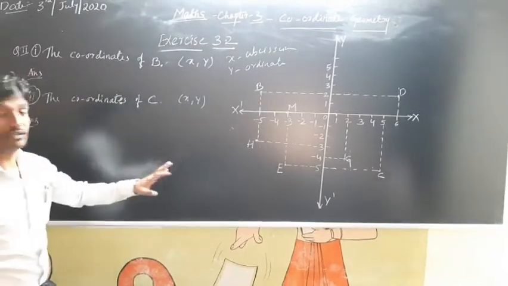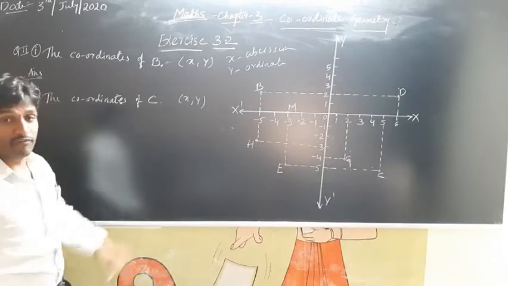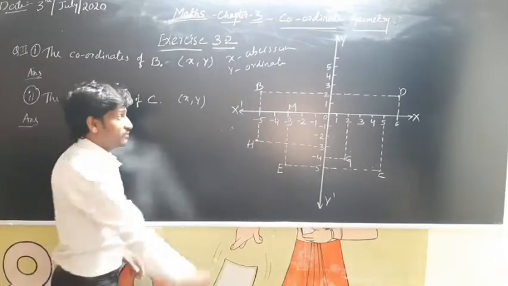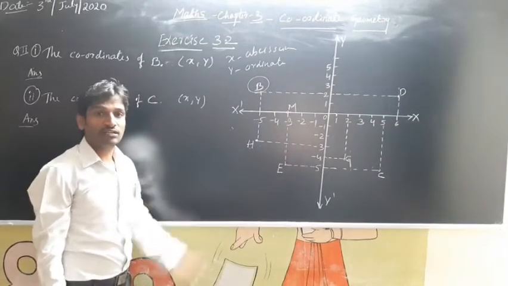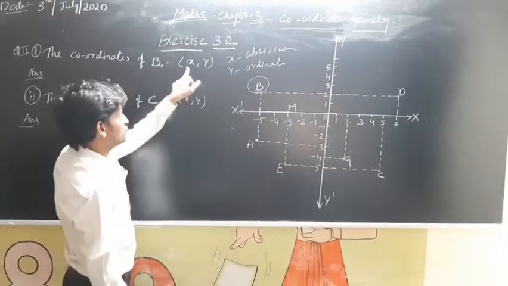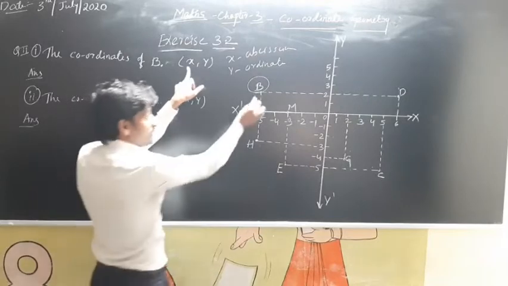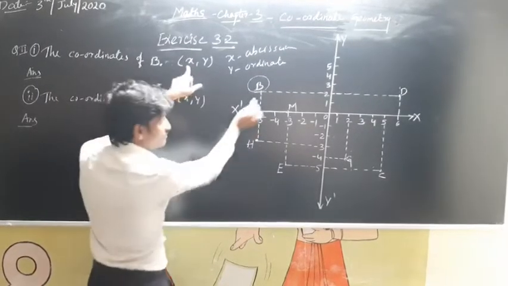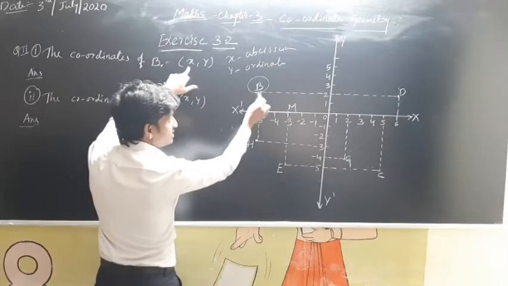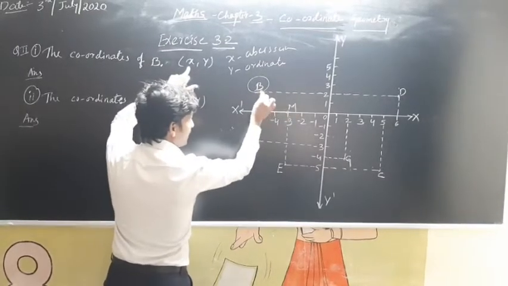So let's try to find out the coordinate of B. Where is B here? Let's watch the diagram here. Can you observe this is B here, and we need to say the coordinate of that one. First one should be x. This B is coming and touching the x-axis. Where it touches the x-axis, you can see there are 2 lines passing from here. One is this, another one is this.